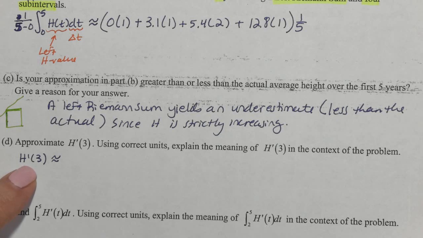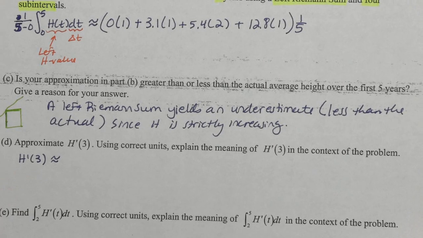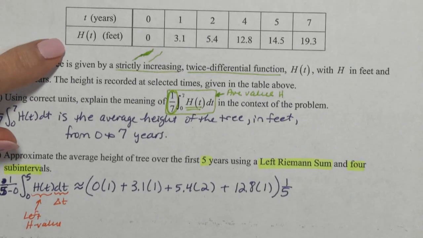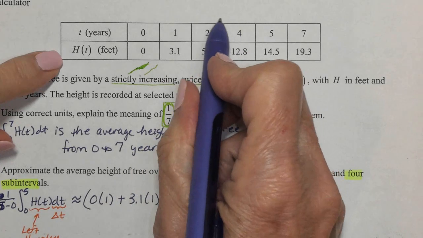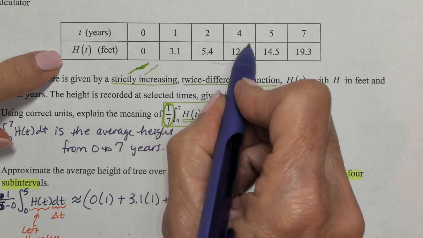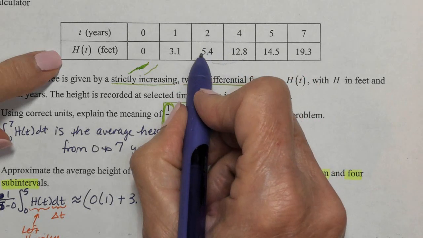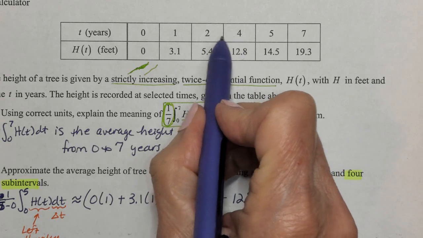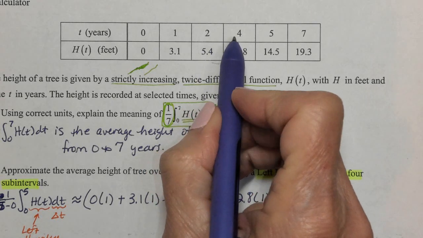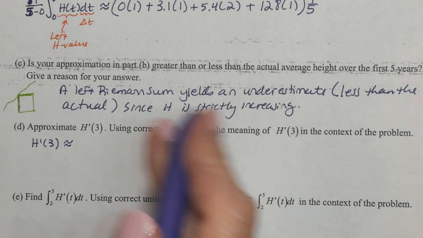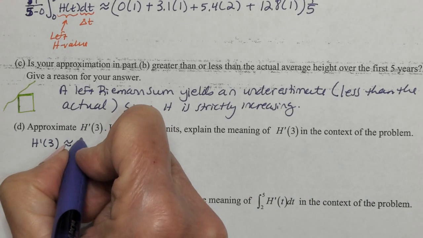We have no idea what the instant rate of change, the instant slope of h is, but we do know the 2 surrounding times. We're going to find the average slope to approximate the instant slope. So I'm going to the closest 2 surrounding times, and I'm going to use those to create the average slope, and that will be our approximation.